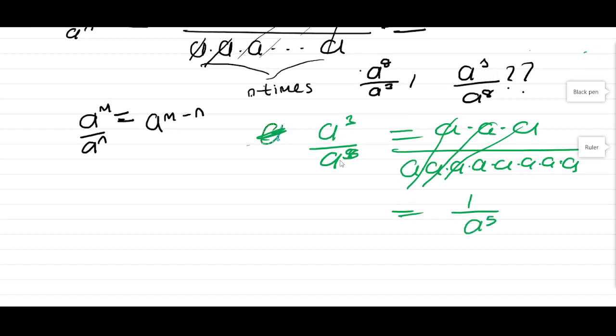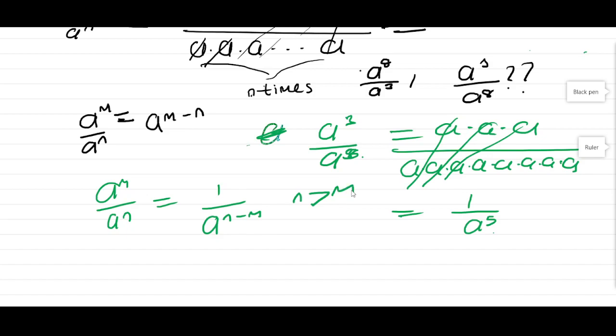So when this is the case, it will be in the form of 1 over a to some power, so we take away 3 from 8. So in this case, even if we have a to the m over a to the n, it will be 1 over a to the n minus m in the case whereby n is bigger than m.